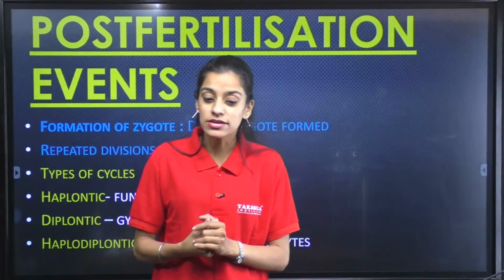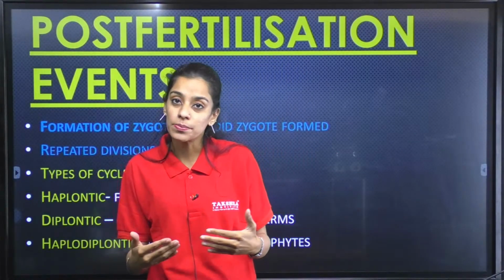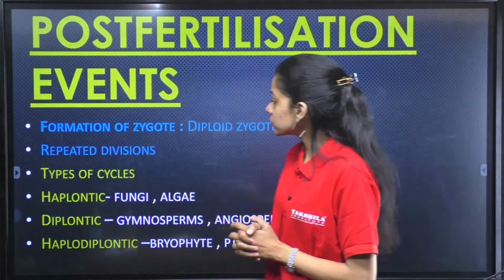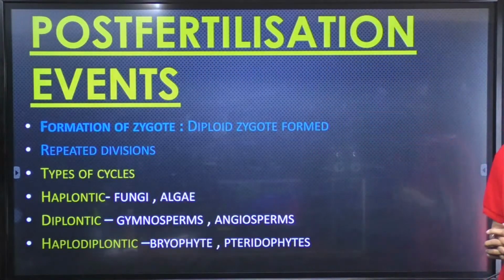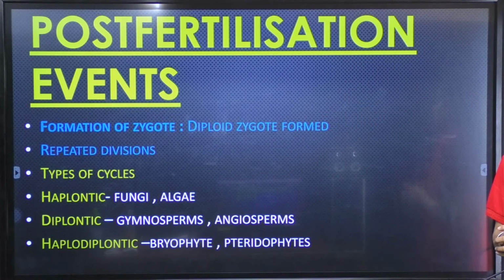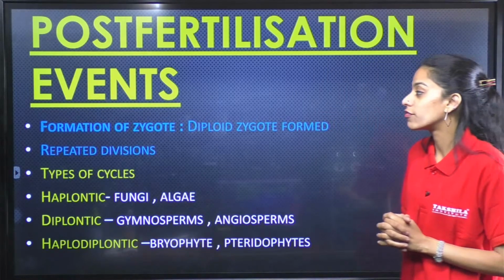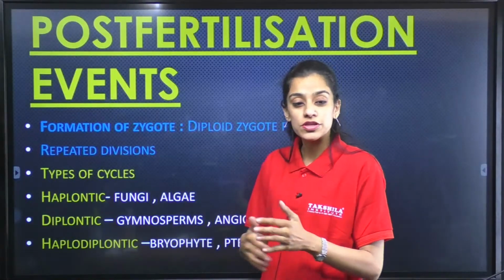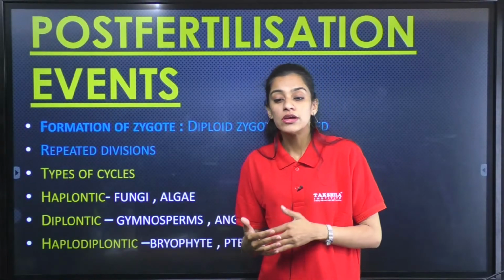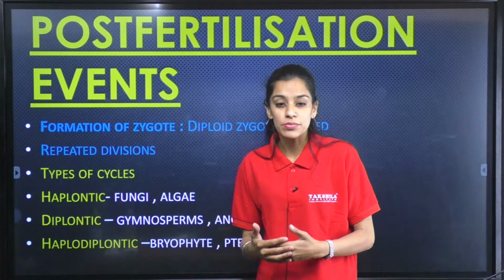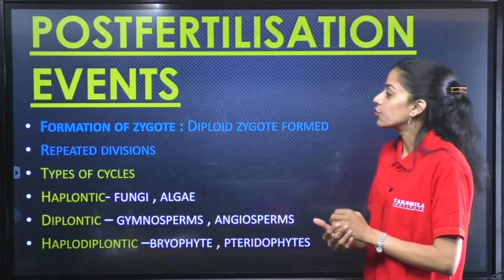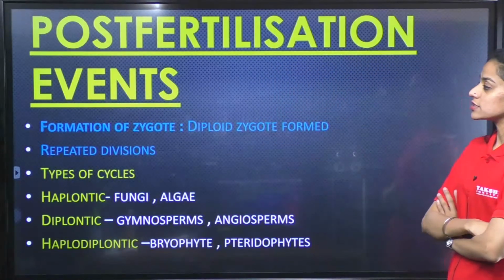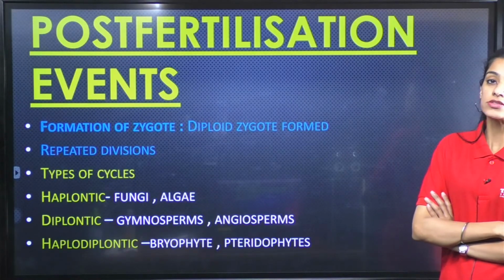The second is that the zygote develops into the embryo, which is also referred to as embryogenesis, the process of formation of the embryo. So the first event we are going to discuss here is formation of the zygote.